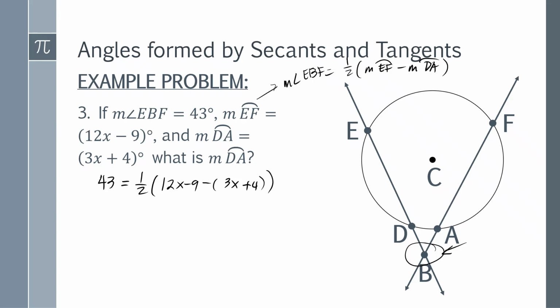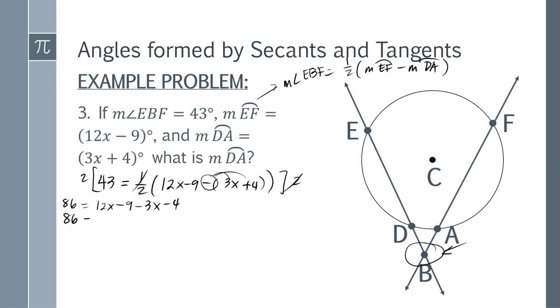Then, to get rid of 1 half, you have to multiply both sides by 2. So, therefore, this is 86 equals 12x minus 9. Since there is a minus here, you have to change the signs of all terms inside the parentheses. So, therefore, 12x minus 9 minus 3x minus 4. Then, you have to simplify.